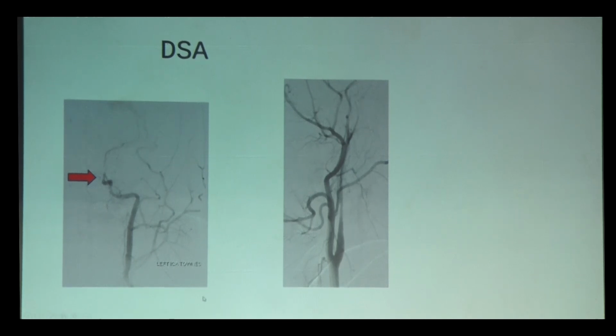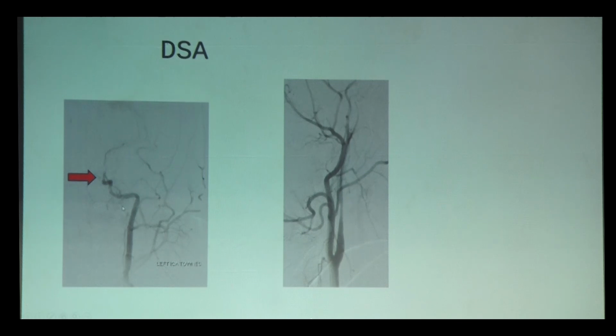If you see the left ICA, there is sluggish flow and chronic occlusion at the level of the terminal ICA, with sluggish, tapering flow in the left cervical ICA. This is the left cervical ICA, and here we can see a moyamoya type of pattern.